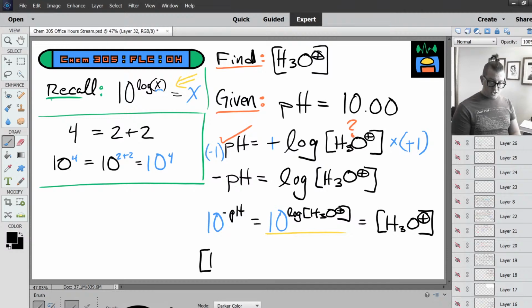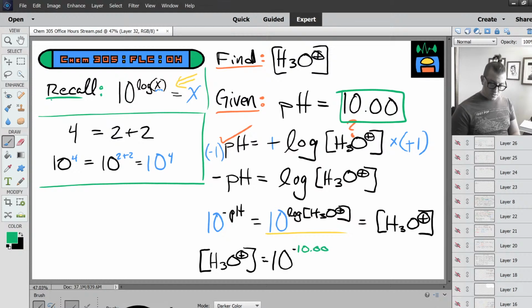So the concentration of hydronium equals 10 to the negative pH, and our pH is 10. So the concentration of hydronium will be, you know what, I'm going to write it in scientific notation.